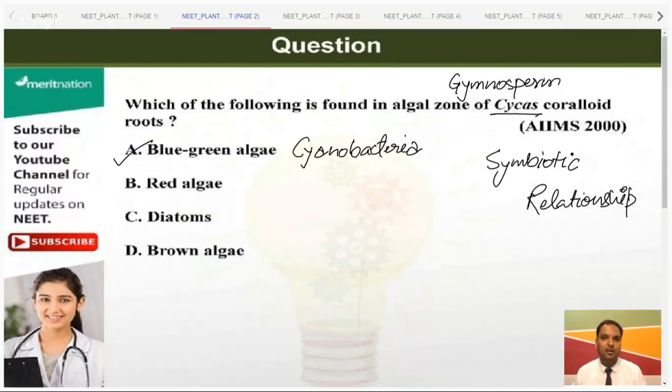So do remember, Cycas root has a symbiotic relationship with blue-green algae. The plant gives them a carbon source, and in response these blue-green algae fix nitrogen for the plant. That's a beautiful relationship they have. Clear, all of you?